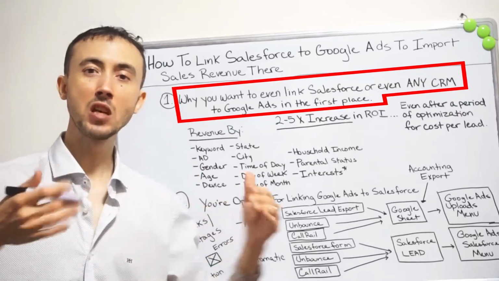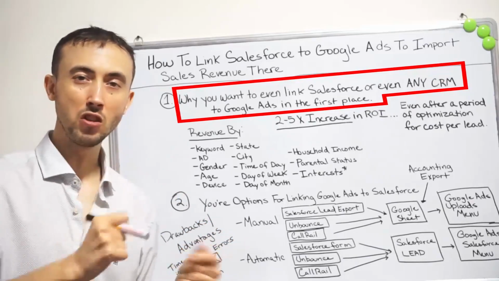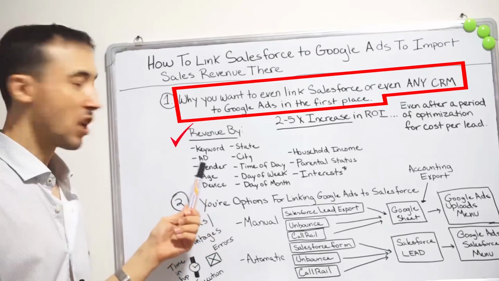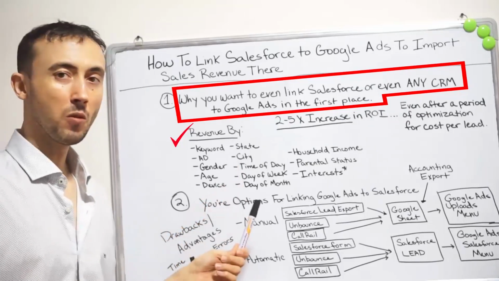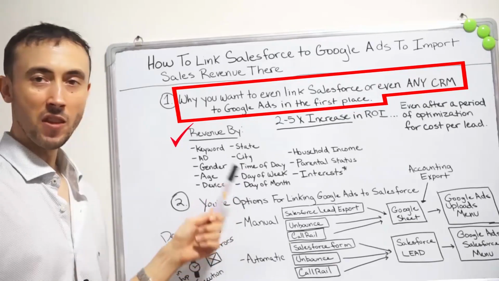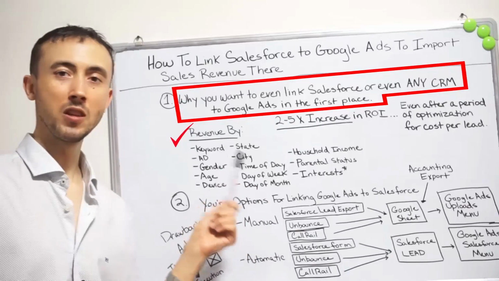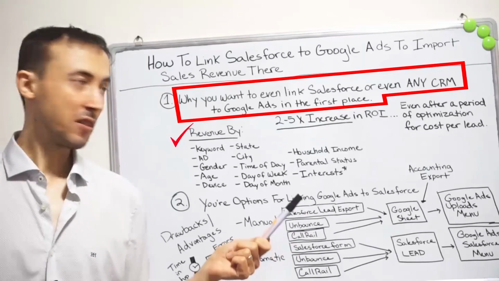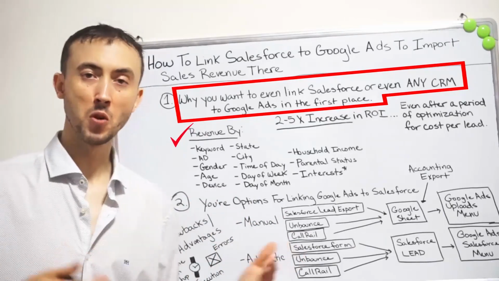If you search for a bid adjustment formula, you'll find a formula that tells you what you should spend for each user based upon the keyword they typed in, the ad they clicked on, the gender, the age, the device they searched on, the state if you're a national provider, the city, the time of day, the day of the week, and the day of the month. Some of these aren't really big, but for other businesses it's huge. If you're B2C, at certain times of the month people have more disposable income.